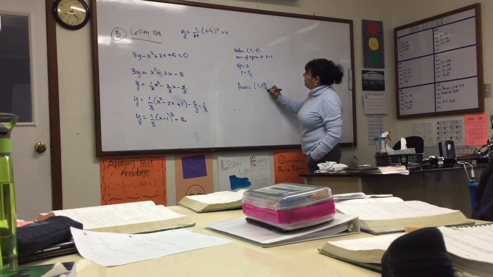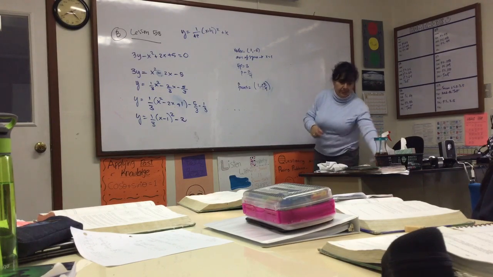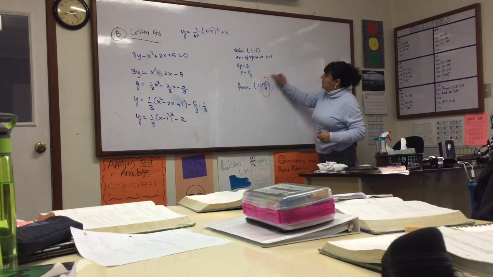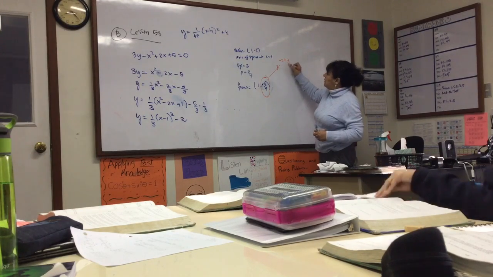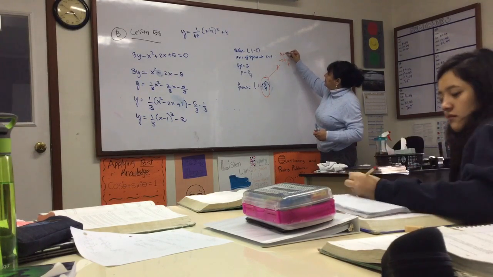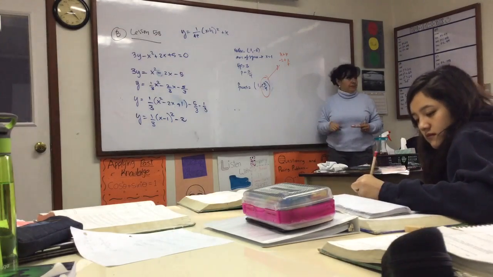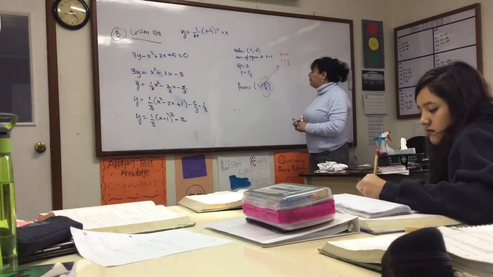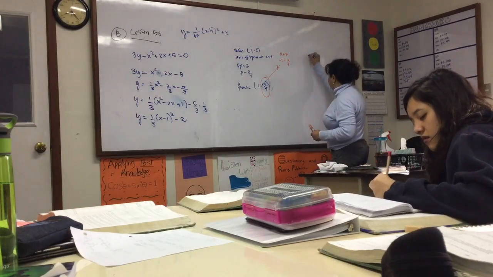Minus 5/4. Does everybody understand how I got the minus 5/4? This one here would be minus 2 plus 3/4, because it's k plus p, remember? Okay, that's how I got this. So now I have the focus, and now I can graph.